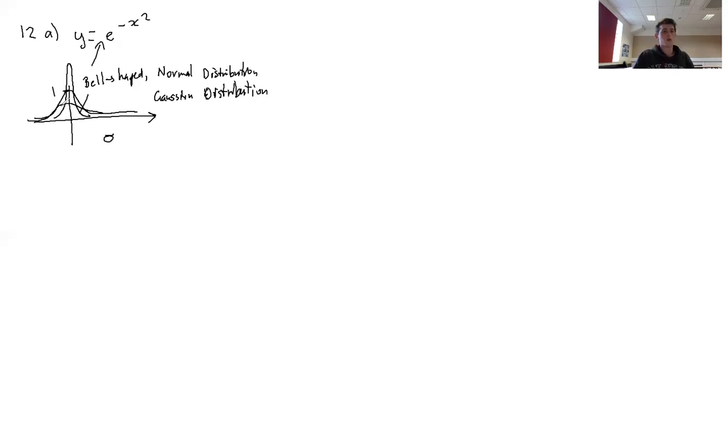With this thinness or thickness, it depends on sigma, which is your standard deviation, and the location of the center is controlled by the mean, mu.